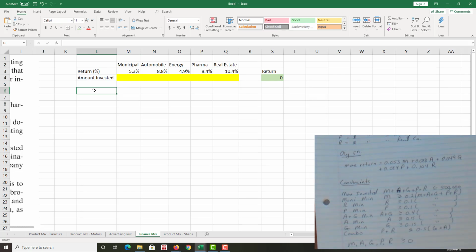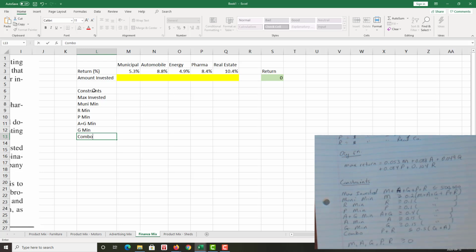Now we work on these fun little constraints. So, constraints, we have a maximum invested. Okay. We have a muni min. You could just say M min, but muni min sounds kind of cool. R min, P min, A plus G minimum, G min, and the combo.